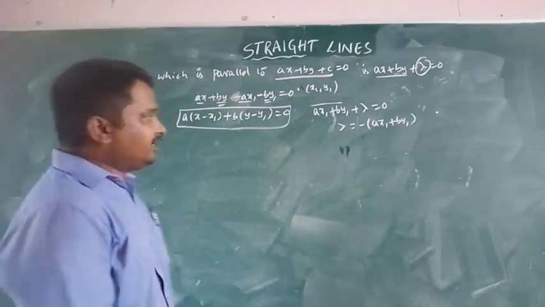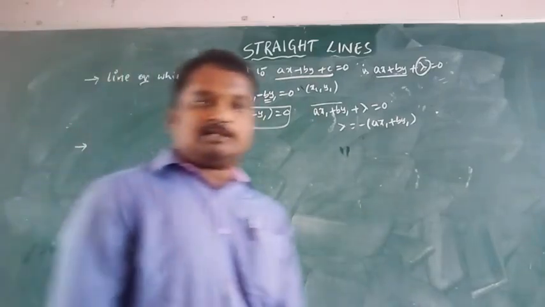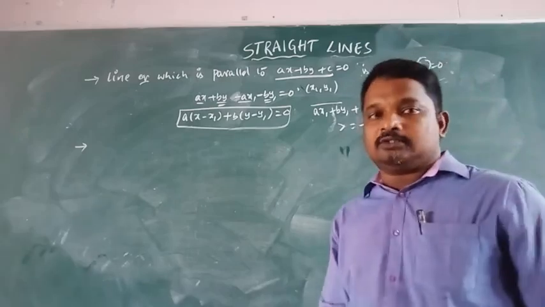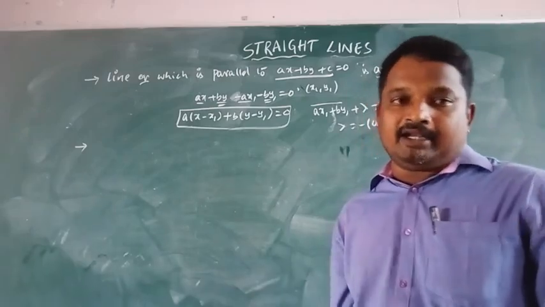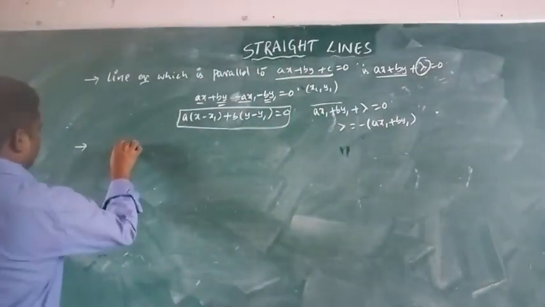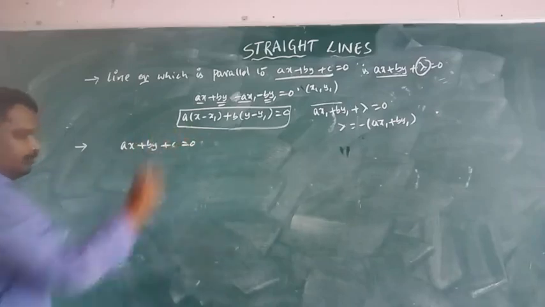Right. Now the second case is the line which is perpendicular to ax + by + c = 0 and passing through the point. First, the perpendicular line we may see now.